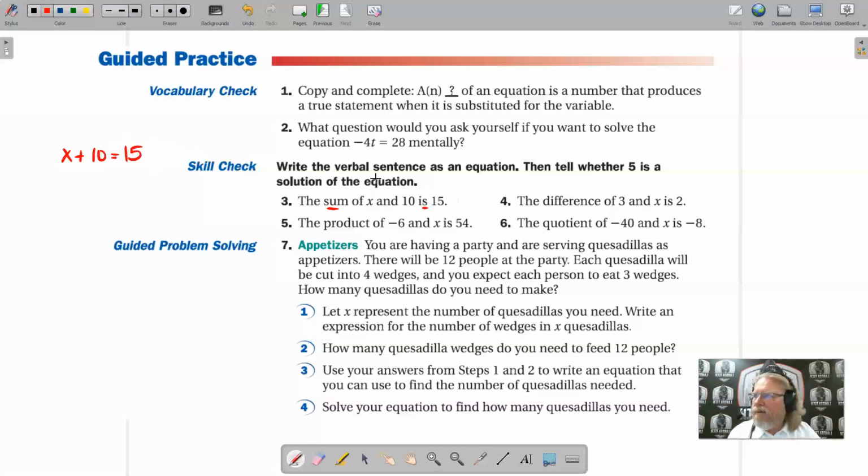So we've written the verbal sentence as an equation, and now we need to find out, is 5 a solution of the equation? Well, if I plug in 5 for x, 5 plus 10 is 15. Indeed it is. 15 equals 15. So that's good to go.